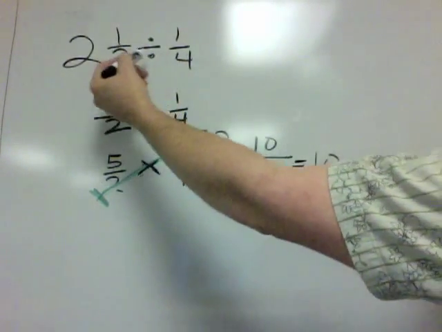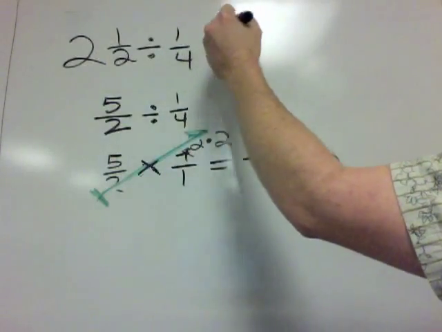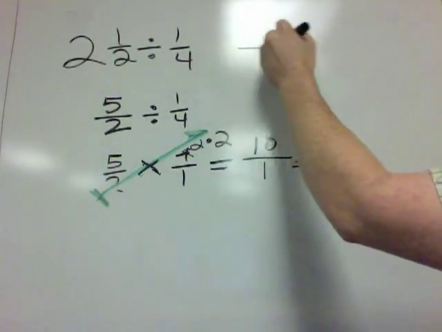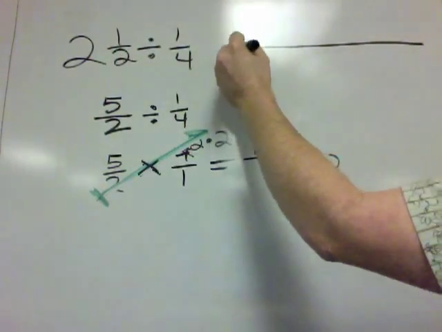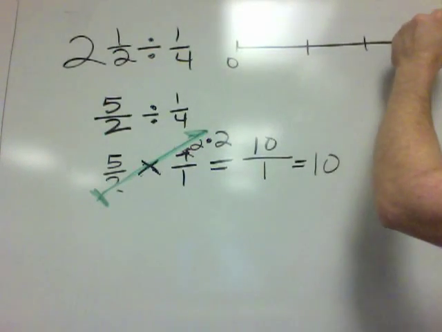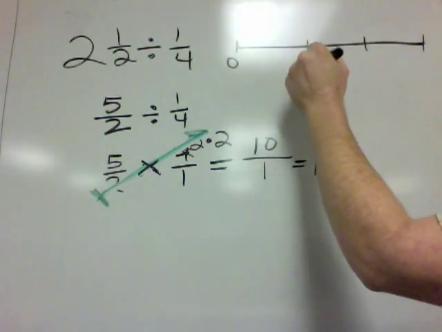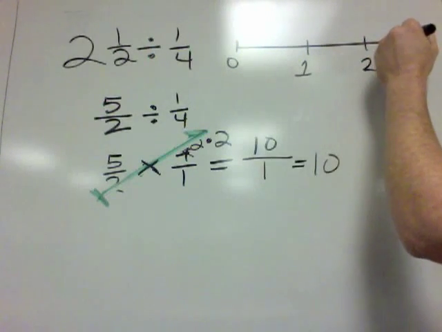And that actually makes sense because if you think about 2.5 on the number line, it starts at 0, and you have 1, 2, and then here's 3, and 2.5 is right here.